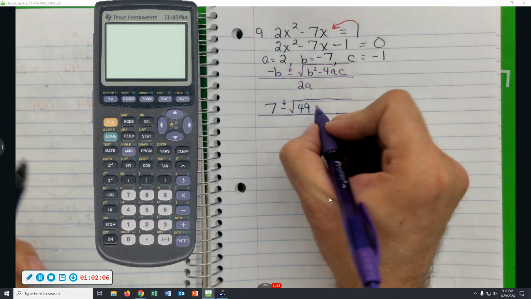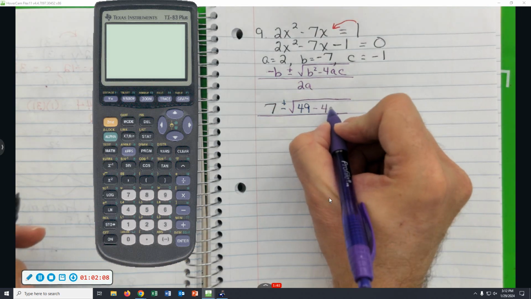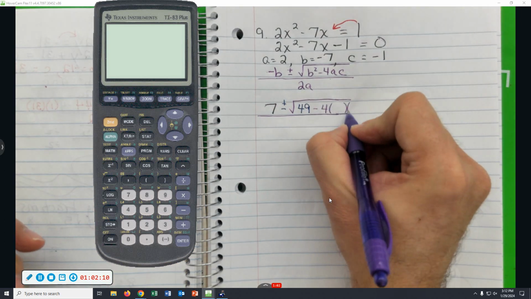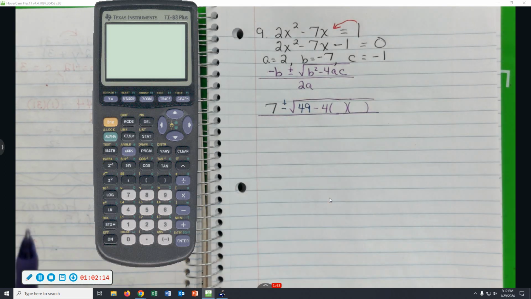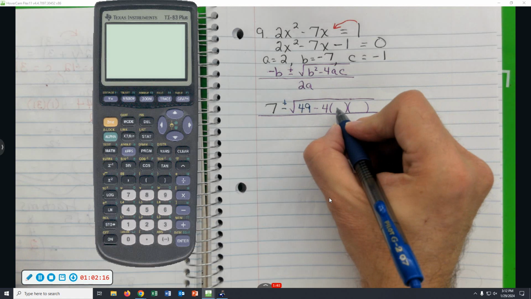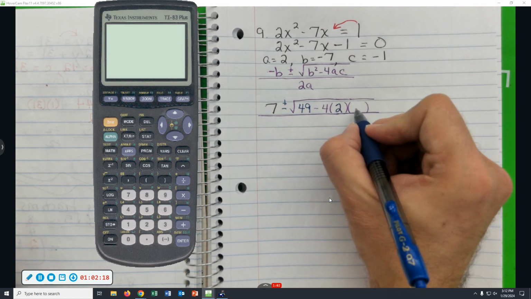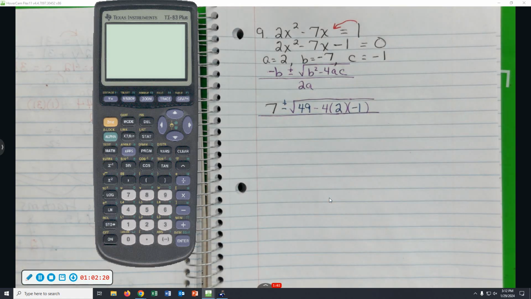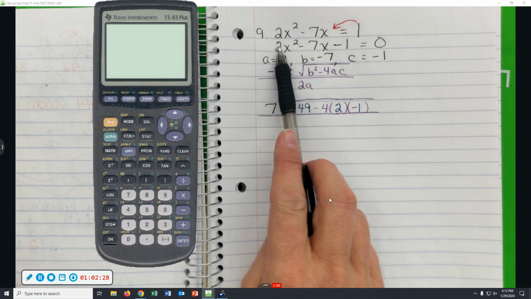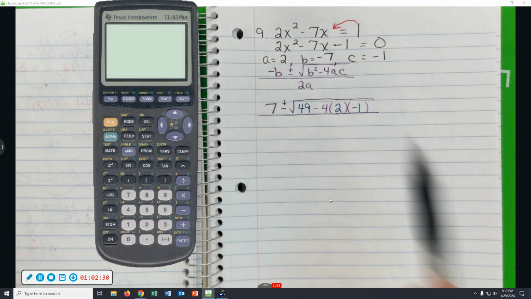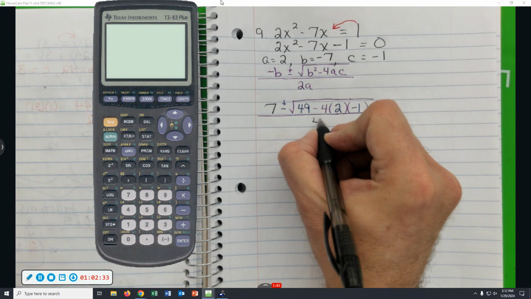Then minus 4 times a times c, all over 2 times a. What's 2 times a going to be? 4. a is 2, so 2 times a is just 4, so I'll just write that down.